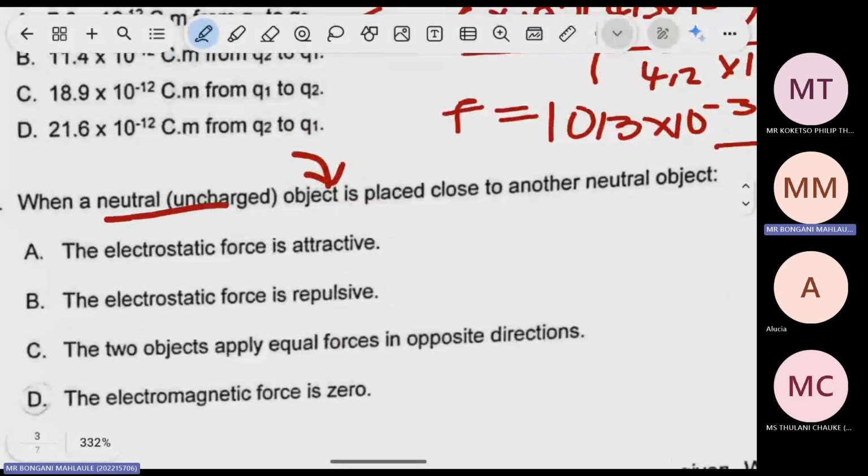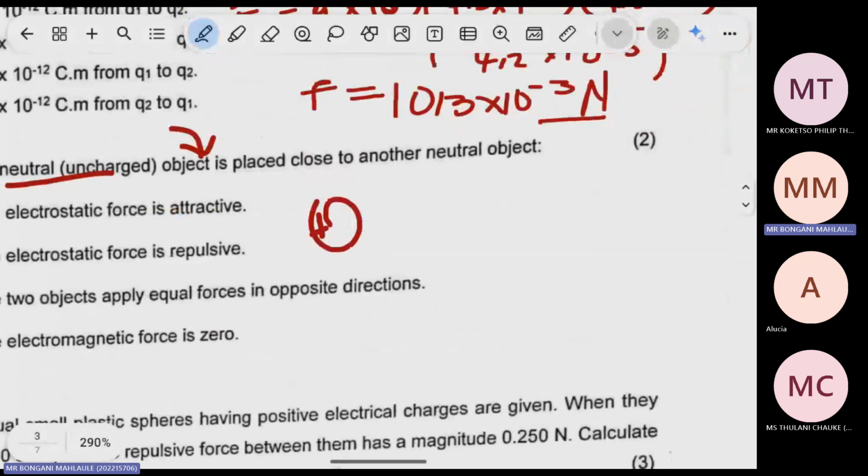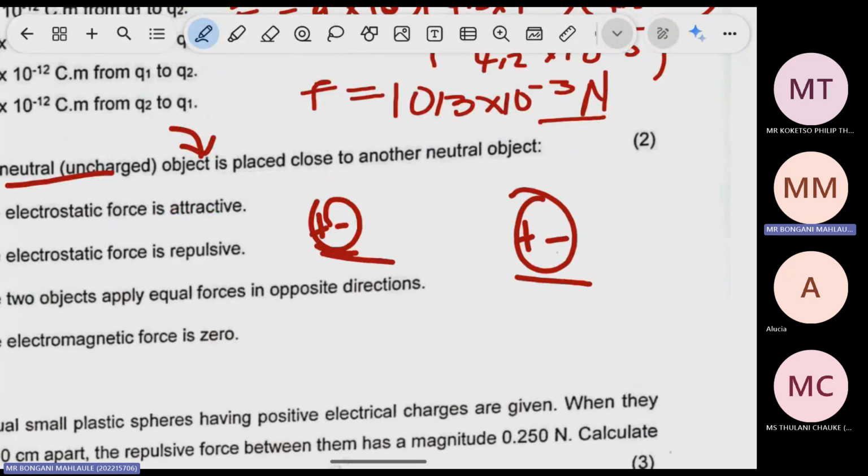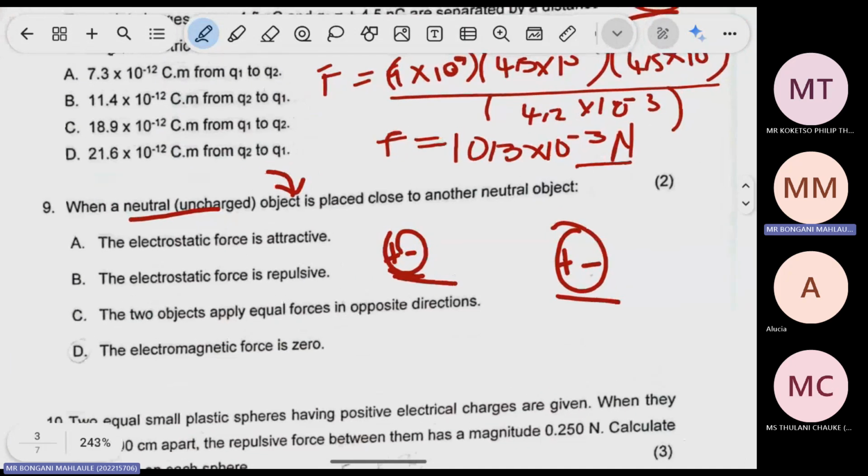So a neutral object. We've got two objects which are neutral, plus, minus. They've got an equal number of charges. So what will happen?